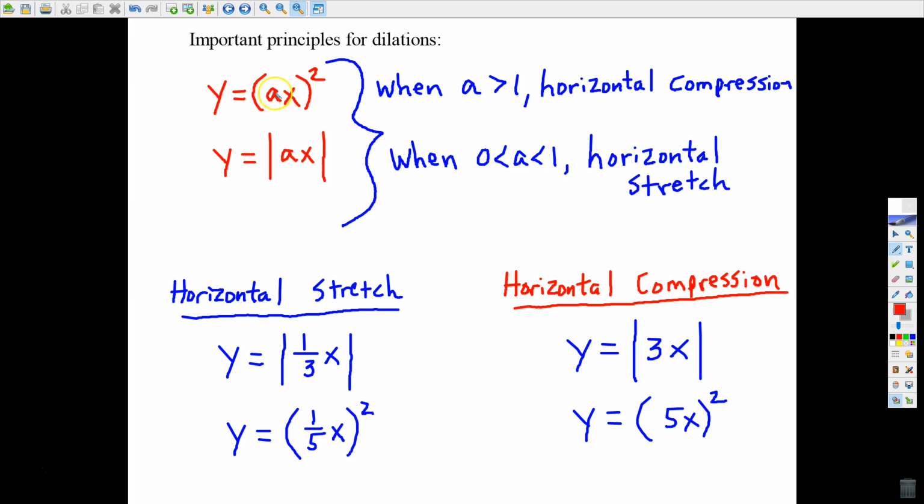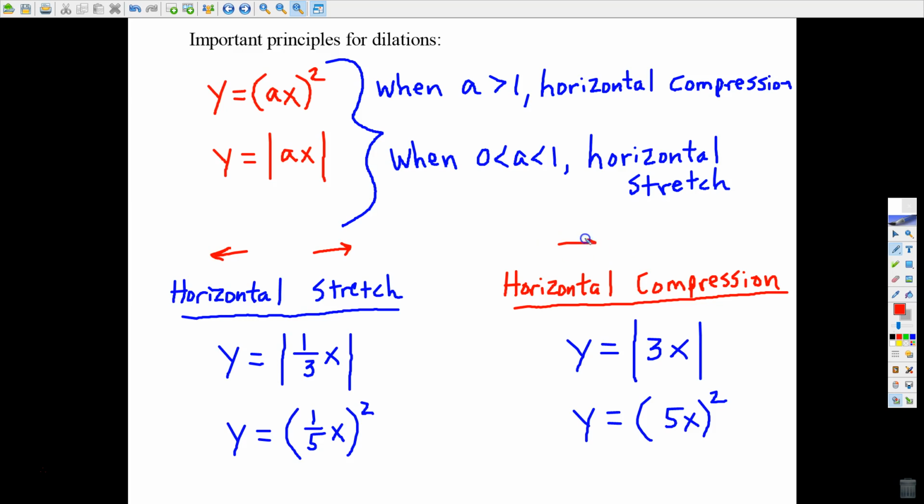If that A number is greater than 1 and it's inside either parentheses or absolute value, you're going to have horizontal compression. Okay, here's a couple examples. If that number is a fraction inside parentheses or absolute value, as I've shown here, you're going to have horizontal stretch.